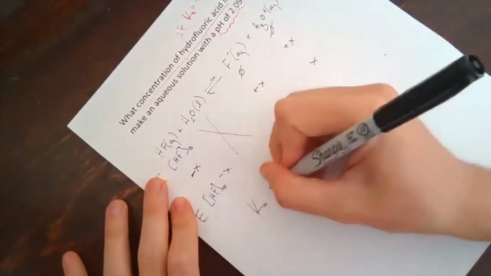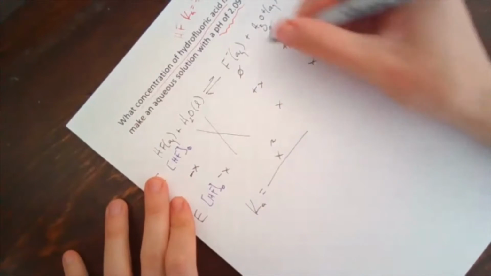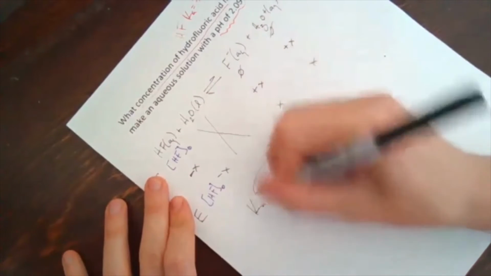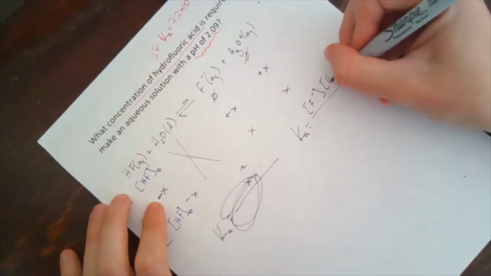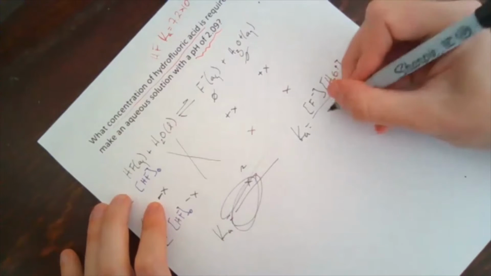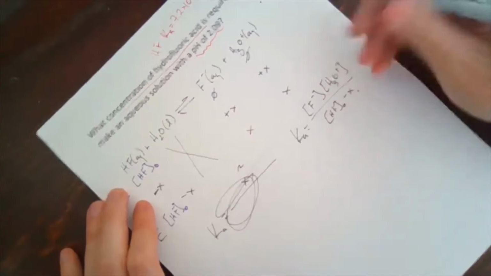Then Ka is equal to x squared on the top, because it's those two right there. We'll write out what Ka is: the concentration of F minus times H3O plus, over the concentration of HF naught minus x.